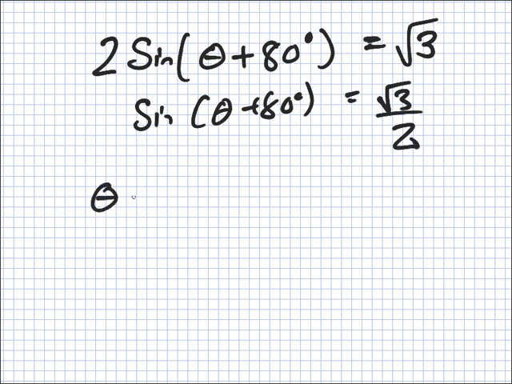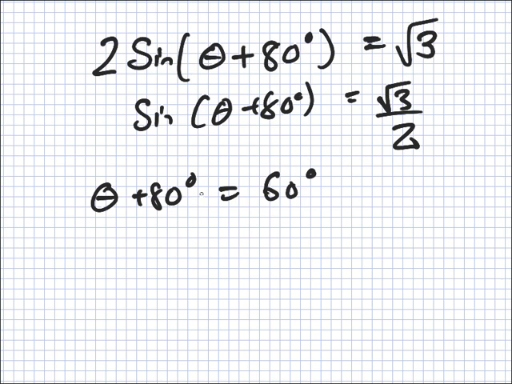Okay, if I take my sine inverse of root 3 over 2 it is 60 degrees, I hope. Ahmed, could you do sine inverse root 3 over 2? Confirm that it's 60, please. Great.